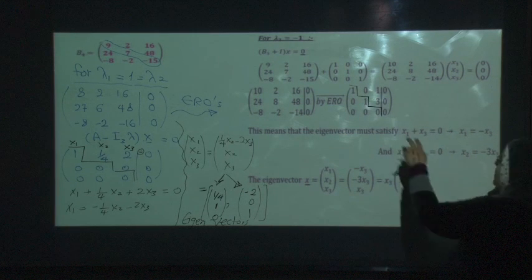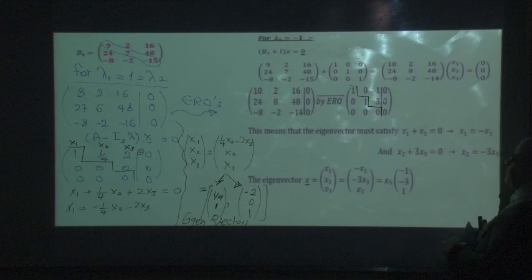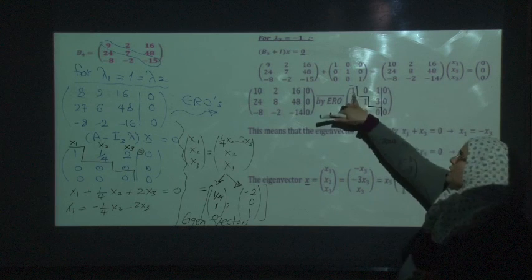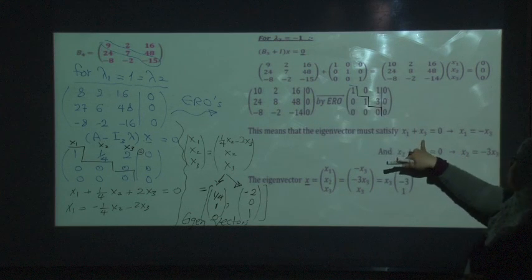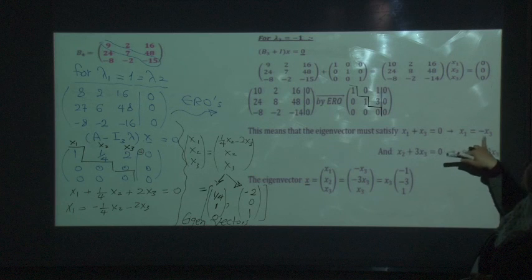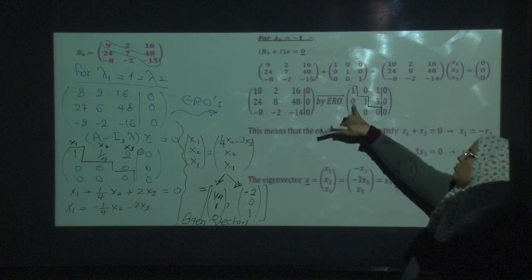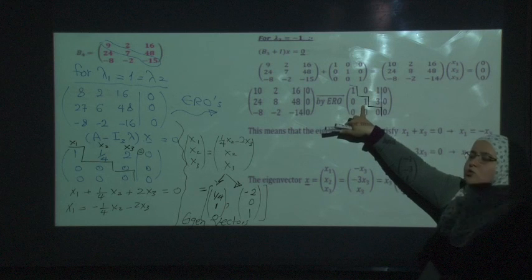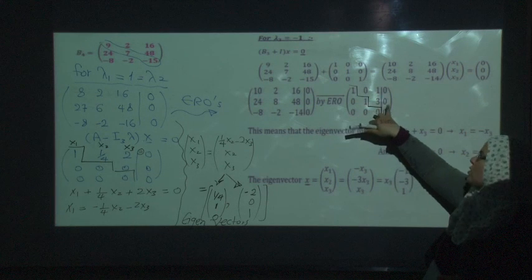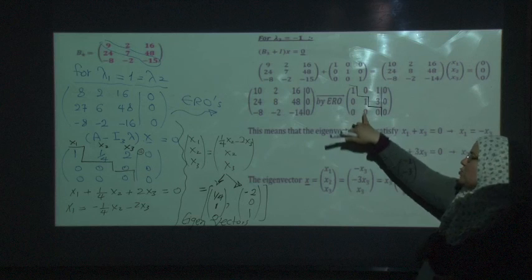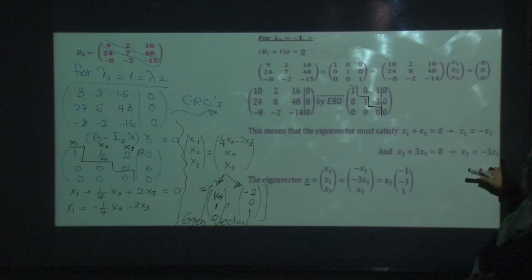We have to satisfy these 2 equations. The first one, which is x1 plus x3 equals 0, outputs x1 is equal to -x3. The second one, x1 is eliminated. We have x2 plus 3x3 equals 0, which means that x2 is equal to -3x3.